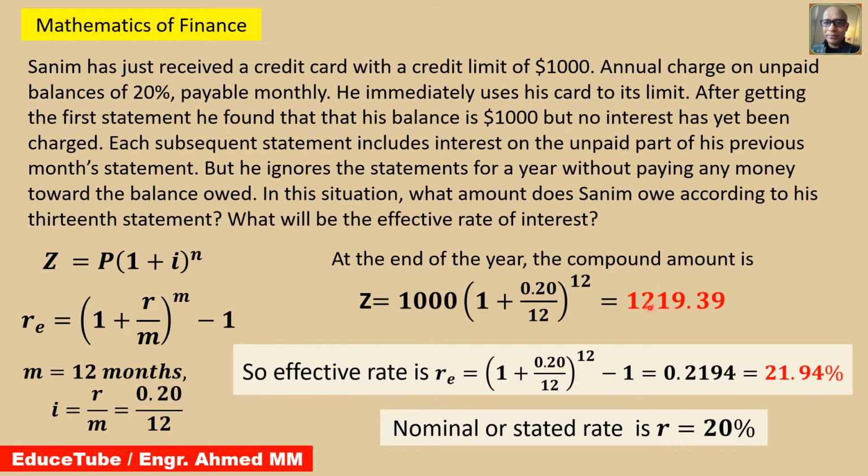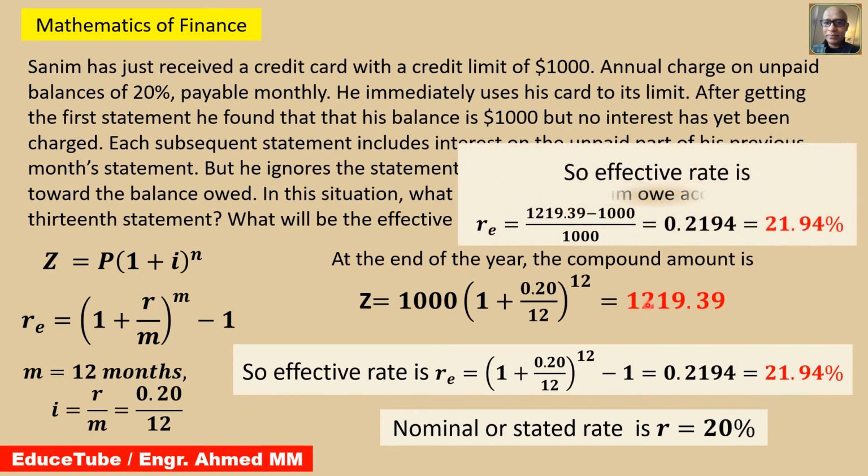Now using this we can find the same interest rate, the effective interest rate. How? Effective rate is this amount we got here minus the 1,000 we had as principal, divided by the principal, we get this 0.2194. So this is 21.94% effective rate.